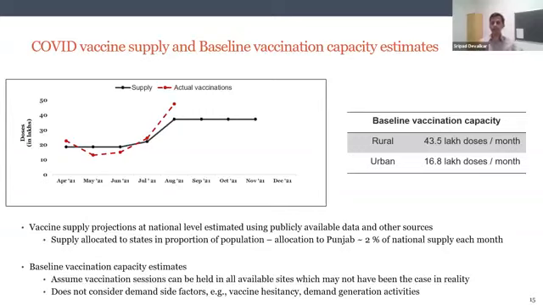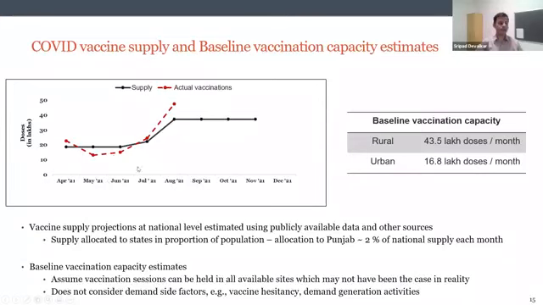If you think about the entire adult population of India, which is about 94 crore people, and Punjab has an adult population of about 2 crores, it means Punjab would be allocated about 2% of the total national supply every month. And this then gives us estimates of the total vaccine supply in Punjab starting the month of April.